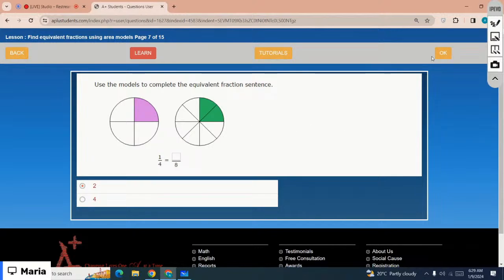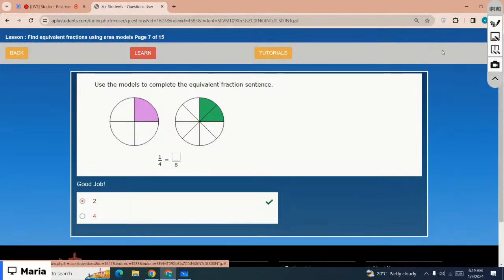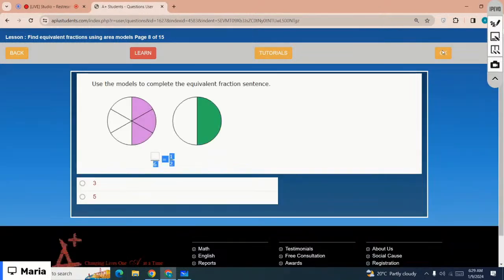The correct option is 2 out of 8. Use the model to complete the equivalent fraction sentence. Which is the correct option?